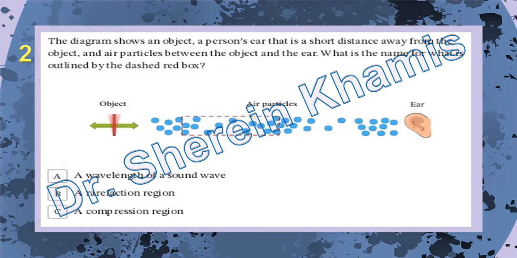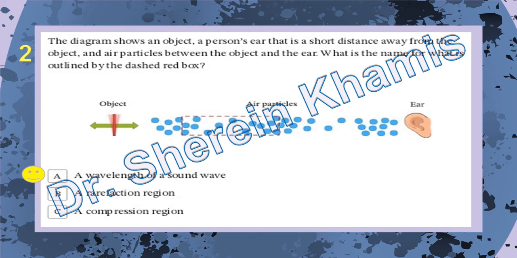We have the distance from the center of this wave to the center of the other wave behind. So we can take the distance from the center of one wave to the center of the other, and we can measure what we call the wavelength of a sound wave.